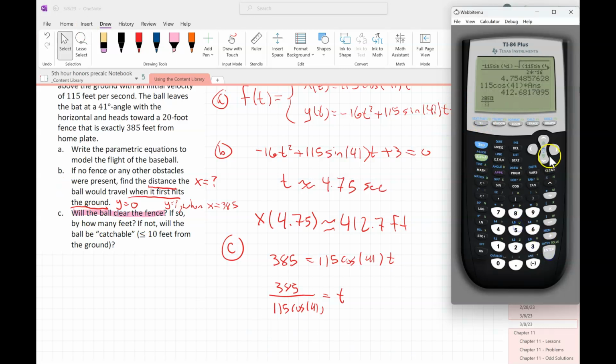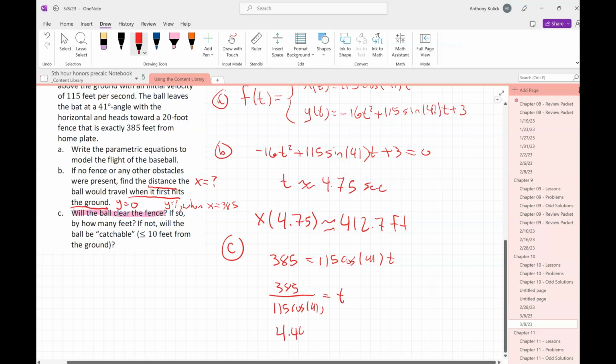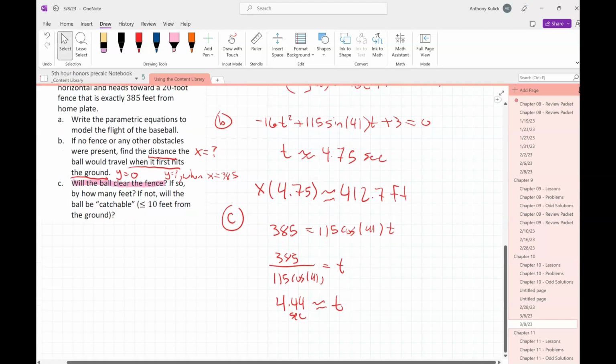And again, I'm going to use that fraction command here, just so I don't have to muck around with a bunch of parentheses. So I get 4.44-ish, which makes sense because it shouldn't take as long to get to the fence as it did to hit the ground, but it probably is going to be pretty close, right? So I like that answer. That feels good to me.